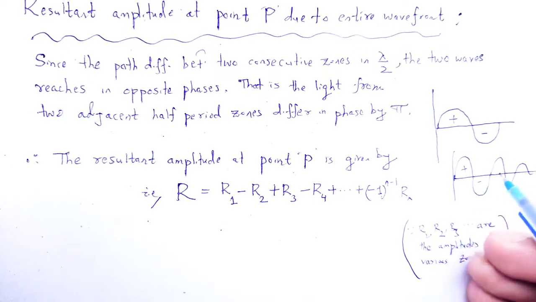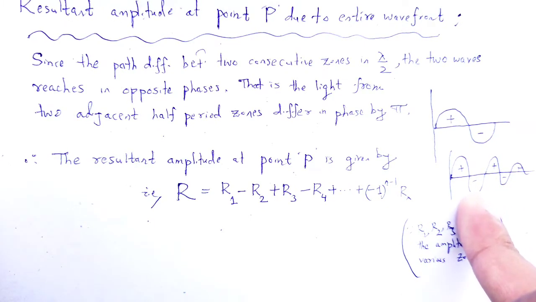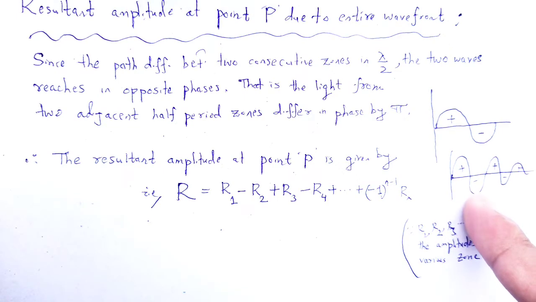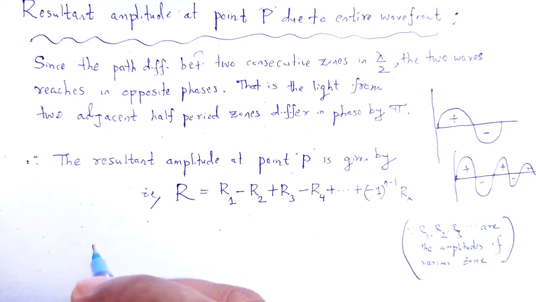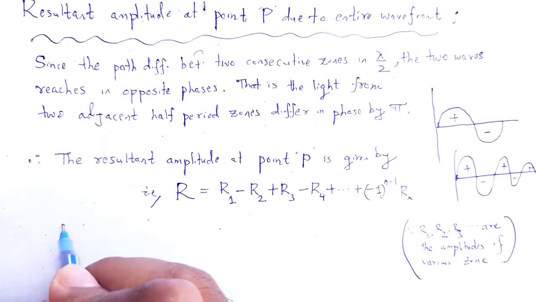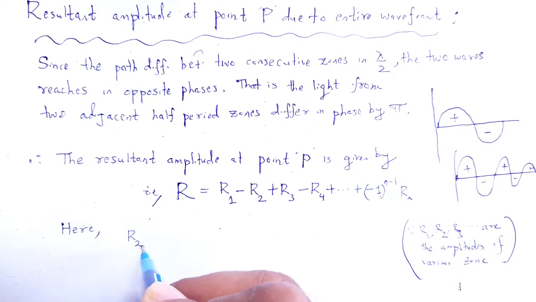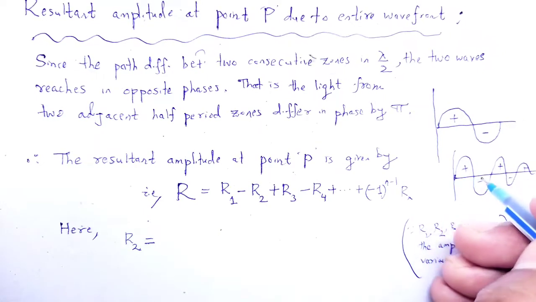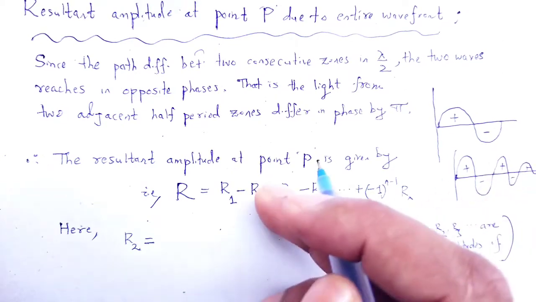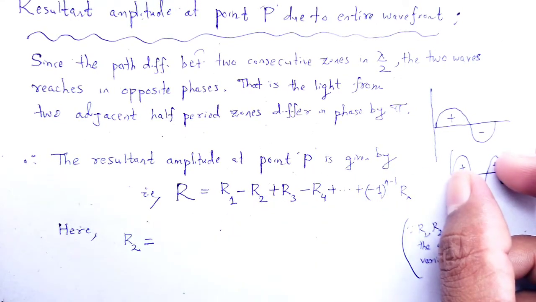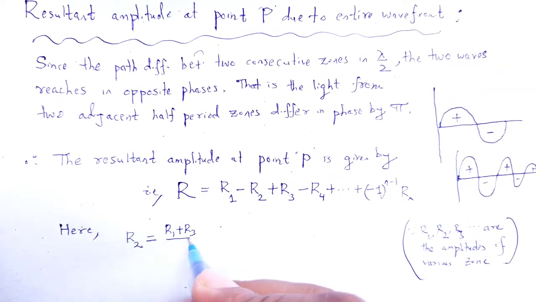Positive, negative, positive, negative, like that. So the negative one can be written as the average of two positives. Let R1, R2, R3 be like this. R2 is negative, so it is the average of the two positives, R1 plus R3 divided by 2.